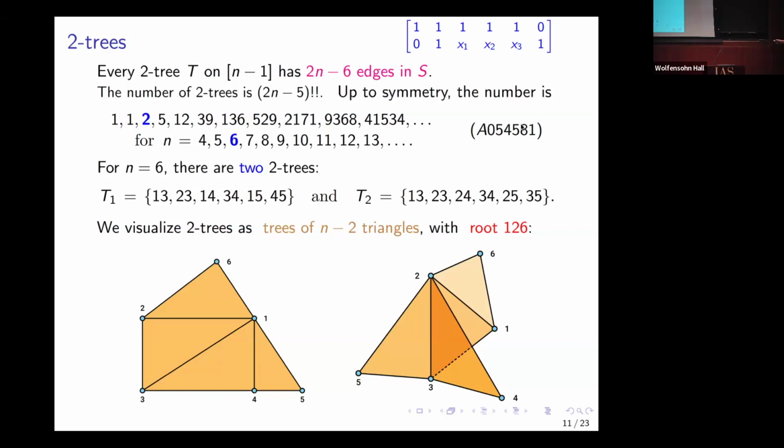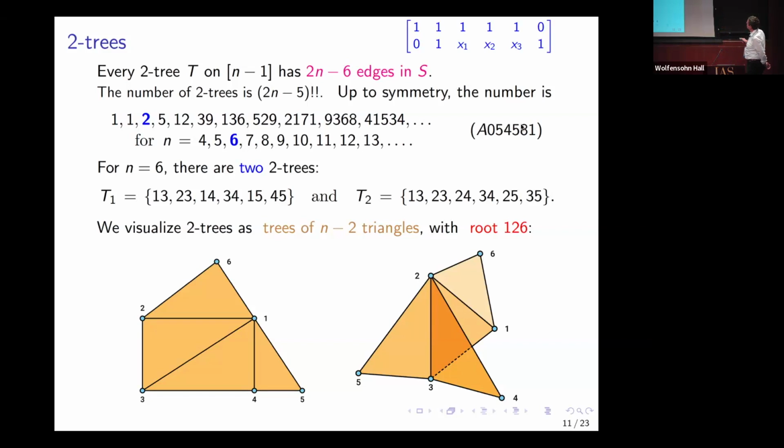And here, this is the 2n minus 6. So these are the edges in this notation. Now, when I draw a two tree, I'm going to draw n minus 2 triangles. Recall that I always make two new edges, ik and jk, by hooking it up with an earlier edge ij, so they form a triangle. And then as an artificial dummy vertex, I add a triangle 1, 2, n.